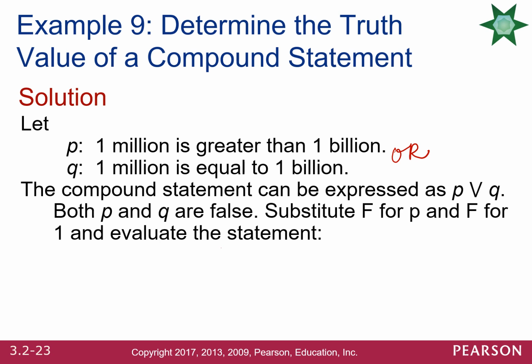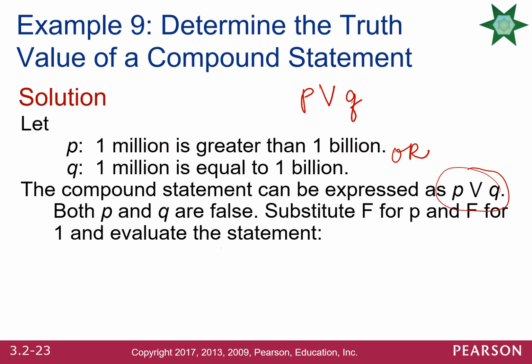All right. So over here, look at this. We have P or Q. Let's write it down here. So P or Q. So what did P say? P said 1 million is greater than 1 billion. That's not correct. It's not true. 1 million is not greater than 1 billion.